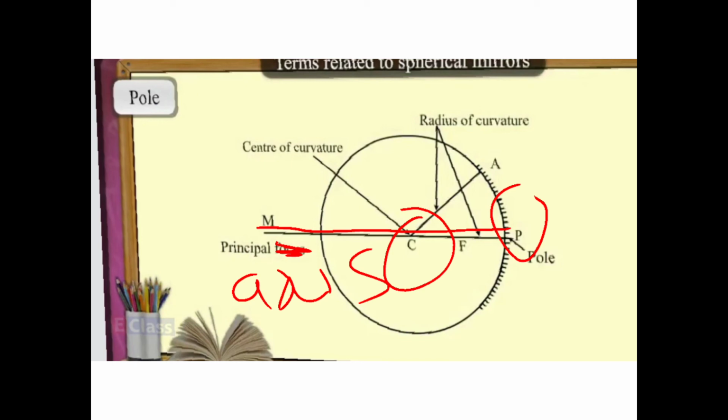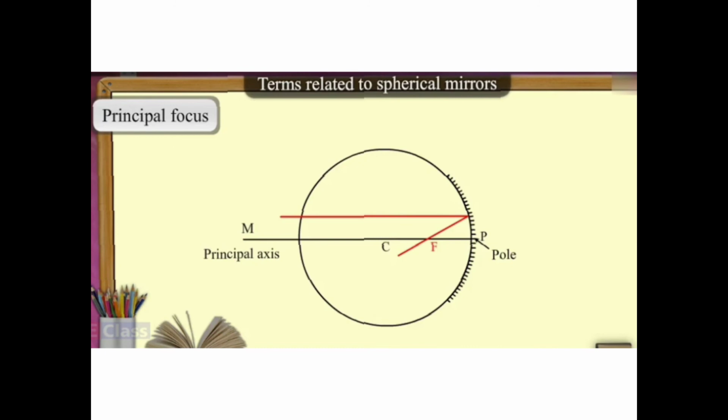Point F is called the focus of the concave mirror. Now I'll explain what focus is. Children, say the parallel rays are coming. After reflection, they pass through one same point.